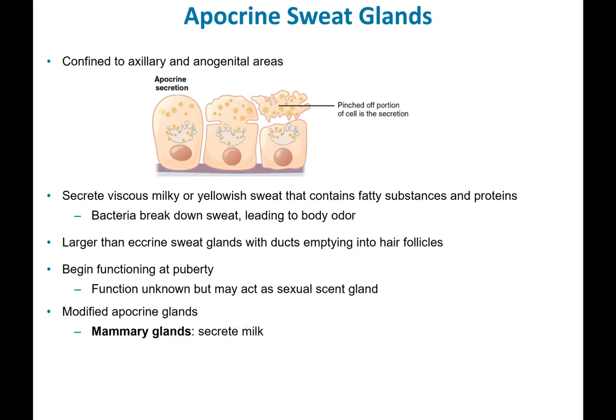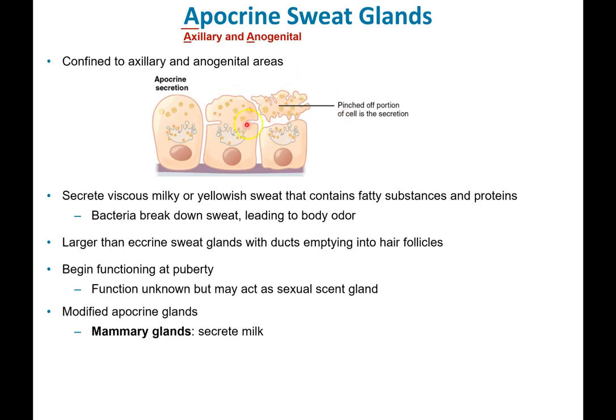Now, apocrine sweat glands are strictly localized to the axillary and anal genital regions. A helpful mnemonic is to remember the A in apocrine as A for axillary and anal genital. In the apocrine mode of secretion, apocrine cells release their product by shedding a part of the cell.